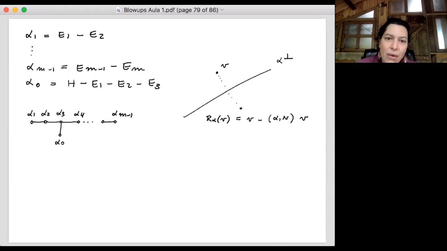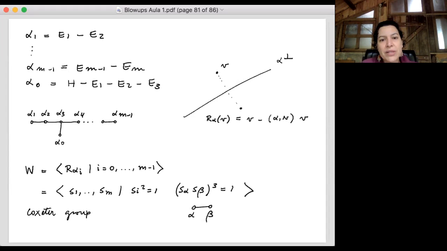And if I now consider the group generated by these reflections, each one of these reflections along alpha i, this is a group contained in the orthogonal group, in the group of symmetries of the orthogonal complement of the anticanonical class. So this is this group of reflections.